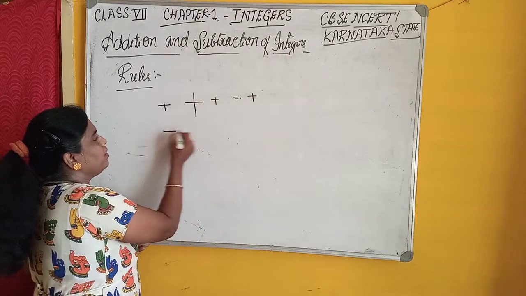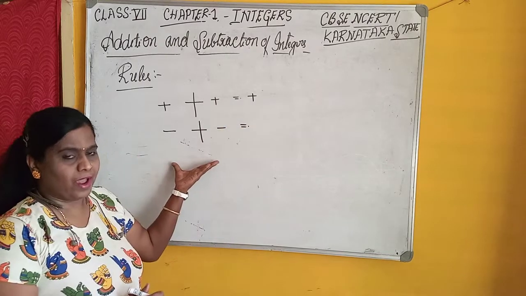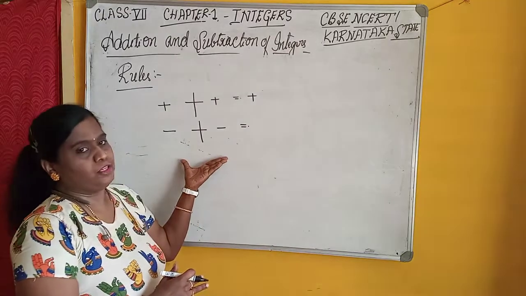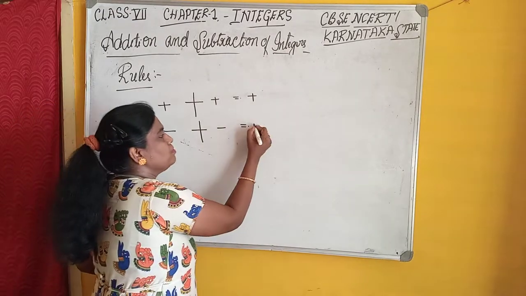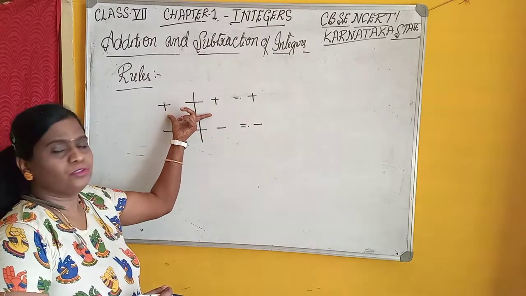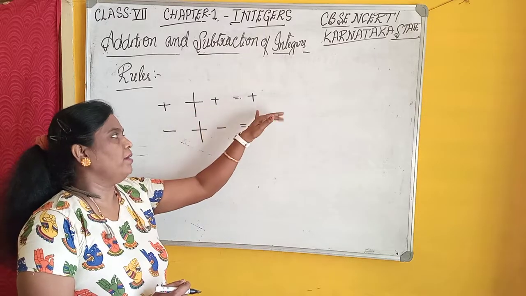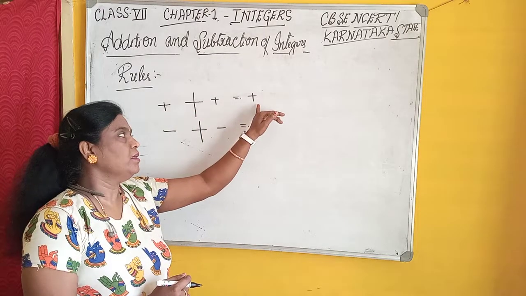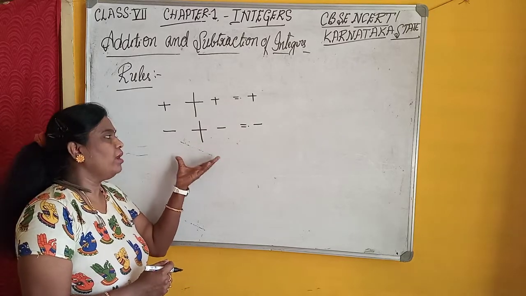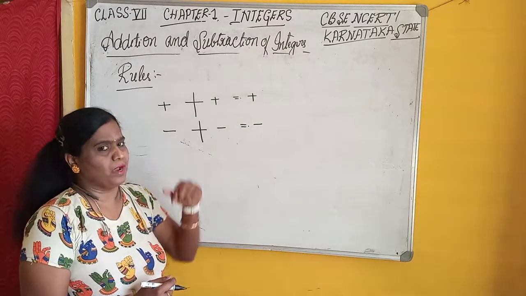When we add negative integers, we have to add those integers, but we have to put the minus sign.